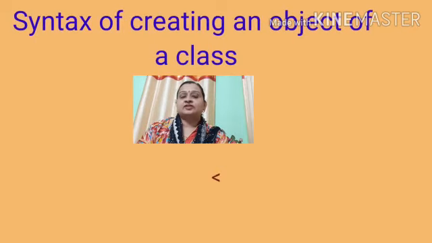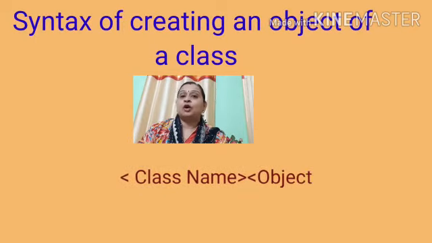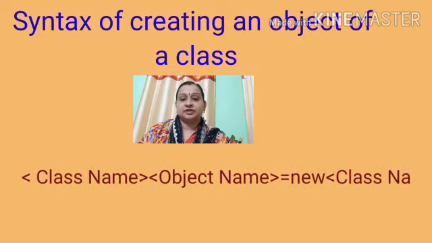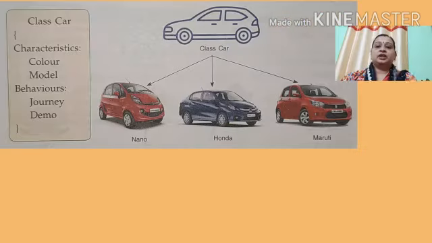The syntax or the format or the rules of creating an object of a class. First, there will be the class name, then the object name, equal to sign, then the new operator and the class name. Let us take an example of a class Car.